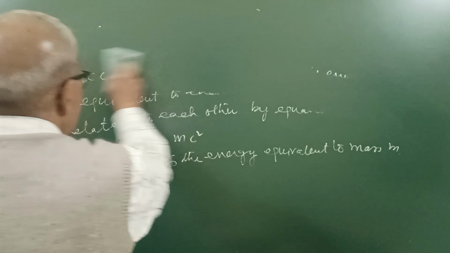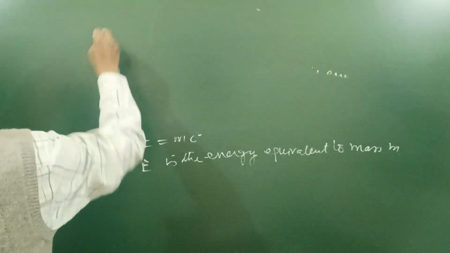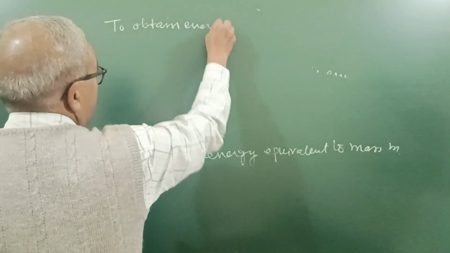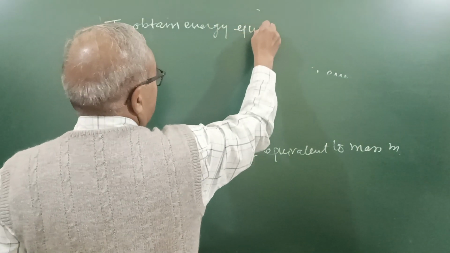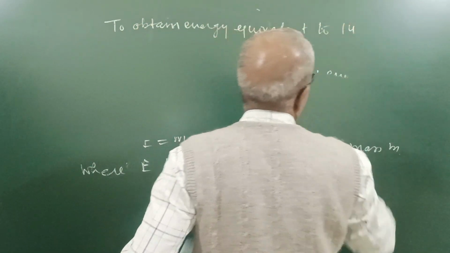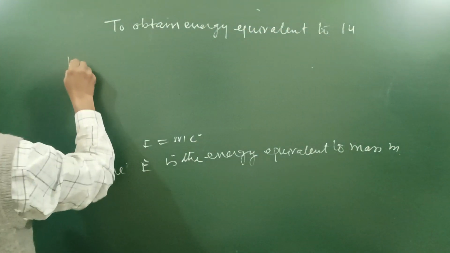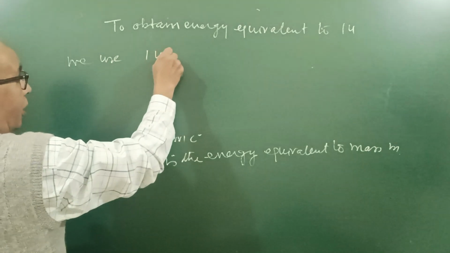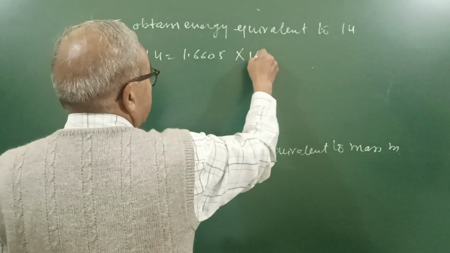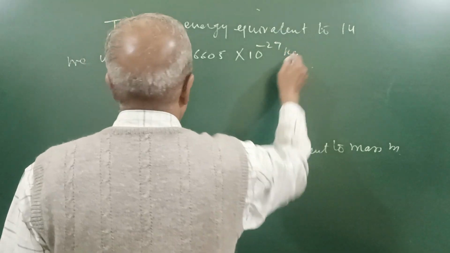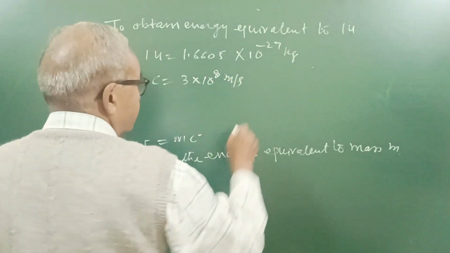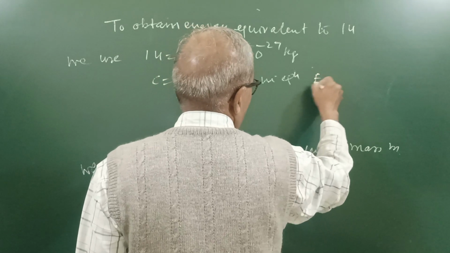To obtain the energy equivalent to 1 U, we use 1 U as 1.6605 × 10⁻²⁷ kg and c equal to 3 × 10⁸ meter per second in the equation E equal to mc square.